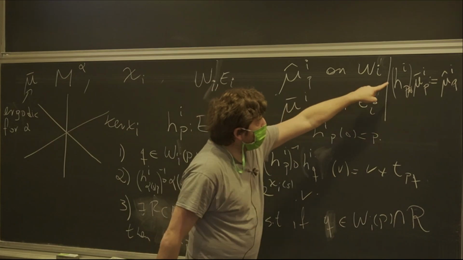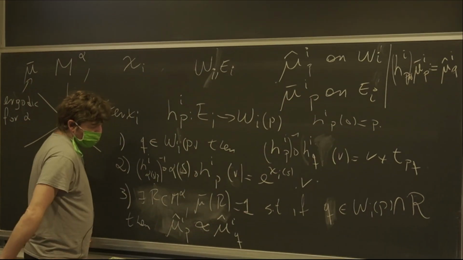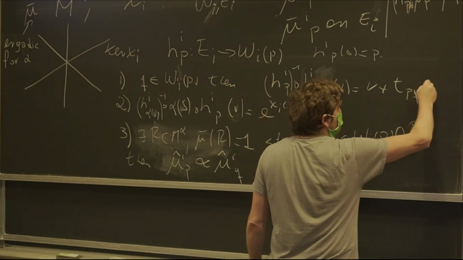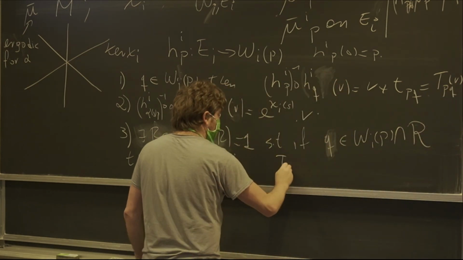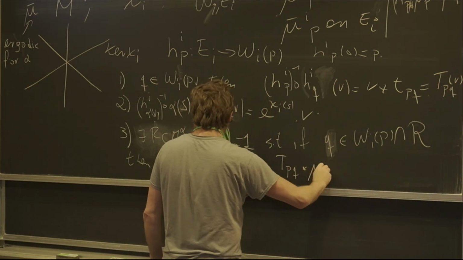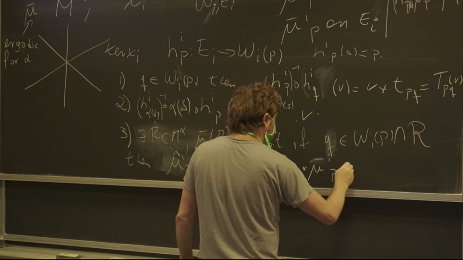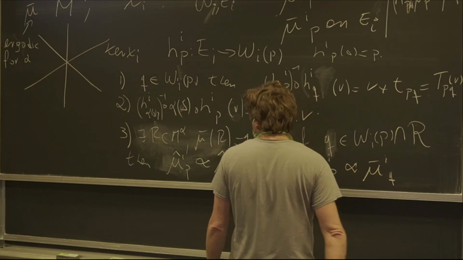Then using this fact plus the first fact plus this property here, we get that this translation T_PQ star of mu bar_i^P is proportional to mu bar_i^Q.